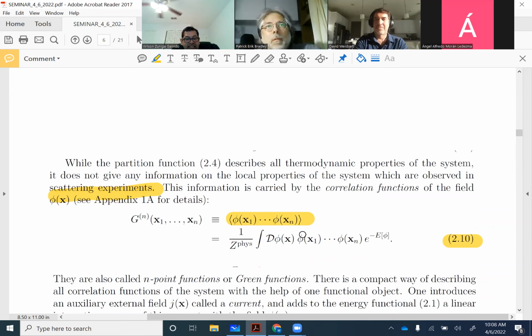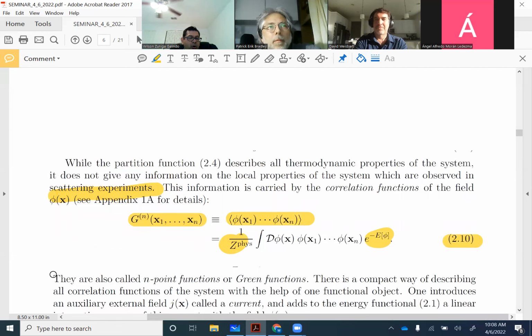This is an expected value with respect to this measure. So we multiply the function by the measure, and then we integrate over all the possible fields. This is just a moment of a probability measure.